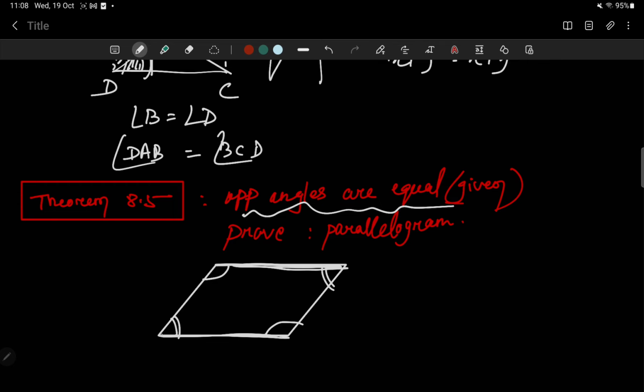How you will prove that? If you will draw a diagonal, then we can find its alternate angles. Understood? Okay, we can solve it in a very easy method. So let's erase it. So it is given that this equals to this.